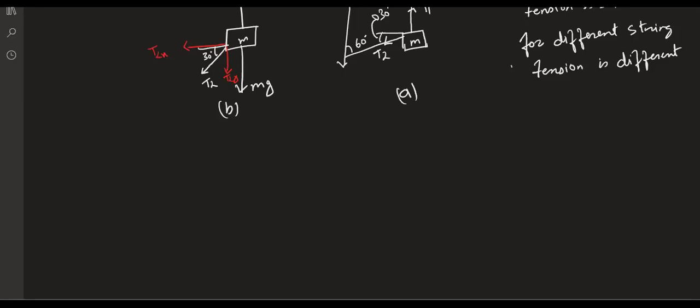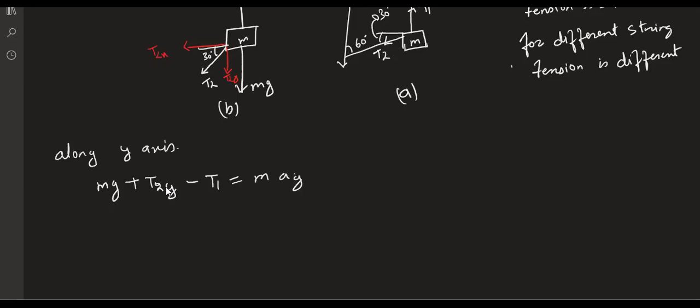After this, you have to balance the forces along the y-axis. Now tell me, what are the forces along the y-axis? mg in the downward direction plus T2y in the downward direction, minus T1 in the upward direction, is equal to m into a_y.